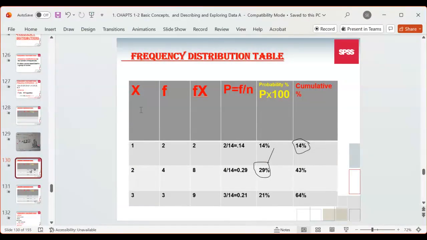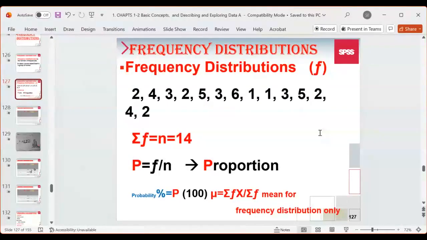Remember, all those numbers, x, we had 1, 2, 3. We said that there are 4 2's, and 4 times 2, fx will be 8. And the proportion of 2 will be 4 divided by 14, because there are 14 numbers right here. You can see that we have 4, 2, 2, 1, and so on. We put them in that table.